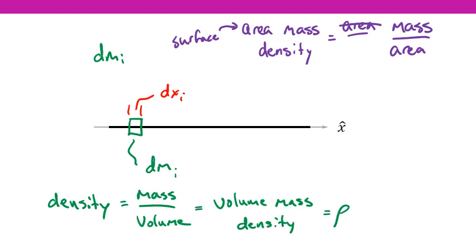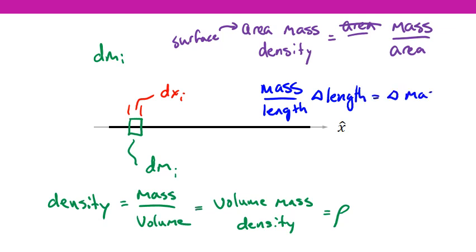So I need something that is mass divided by length, so that when I multiply it by my little delta length, I get back a little delta mass, a little differential mass, really.